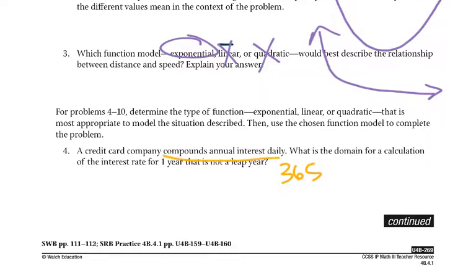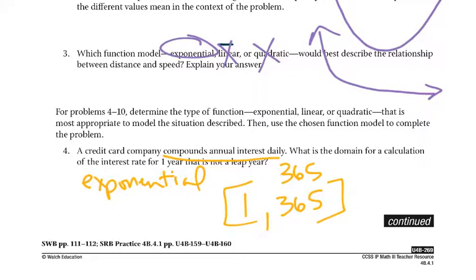Anytime you're dealing with interest, that is definitely exponential. The domain would start from 1 and go until 365, so from 1 to 365.